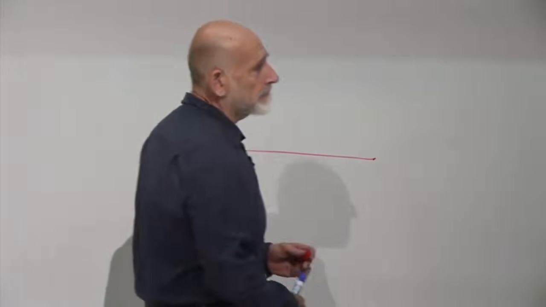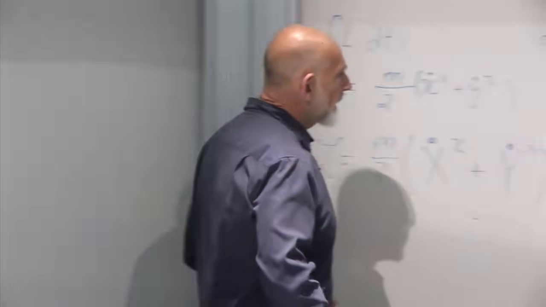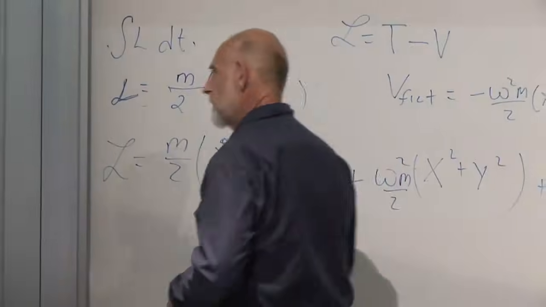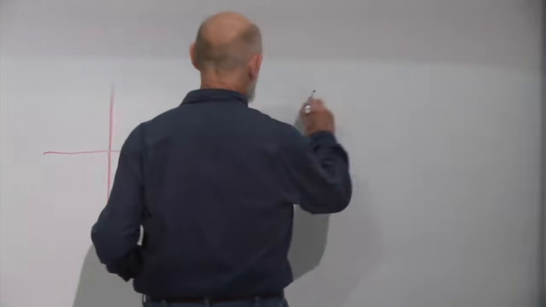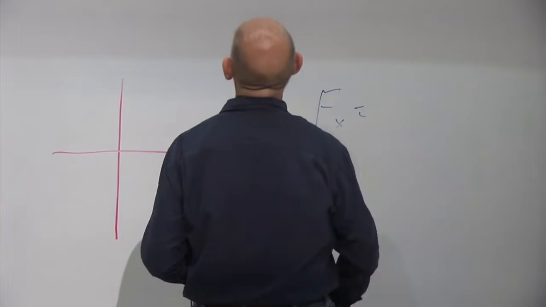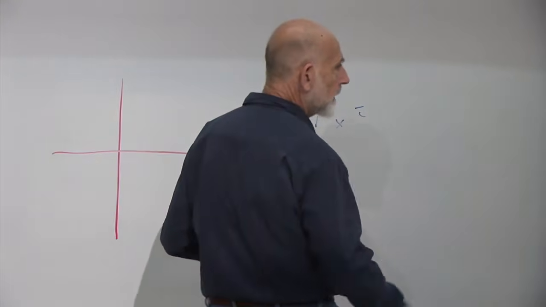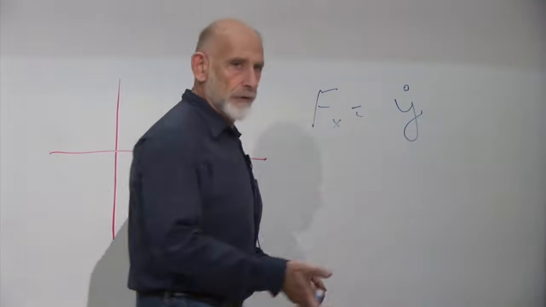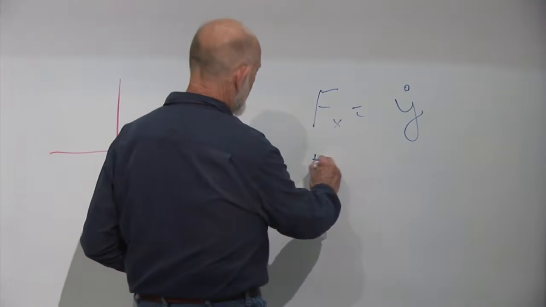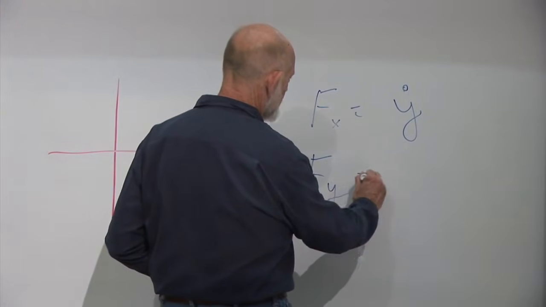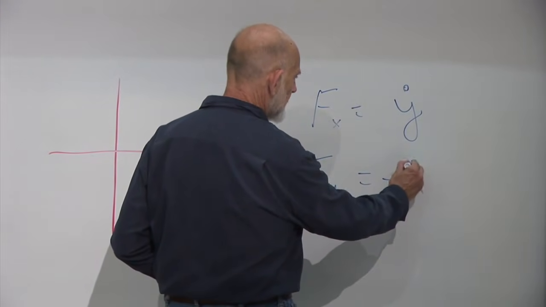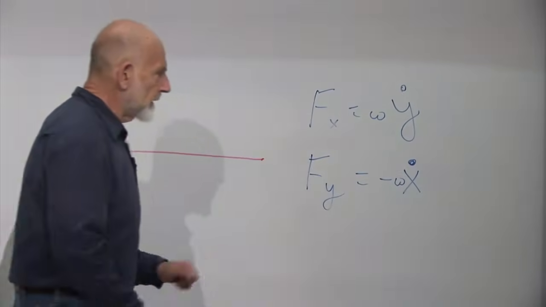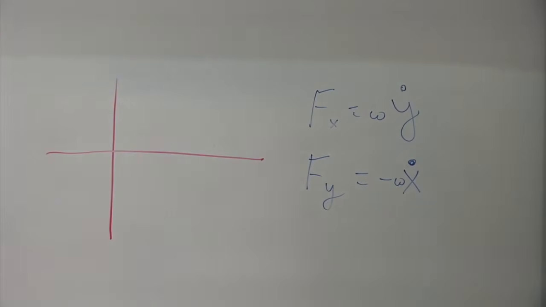Let's look at it. It's going to be proportional to y dot. Where is the force? What was the x component of force? It was proportional to y dot, with some coefficient, and the y component of force was proportional to minus x dot. There's an omega there, probably an m, but the important thing was the y dot and the x dot.